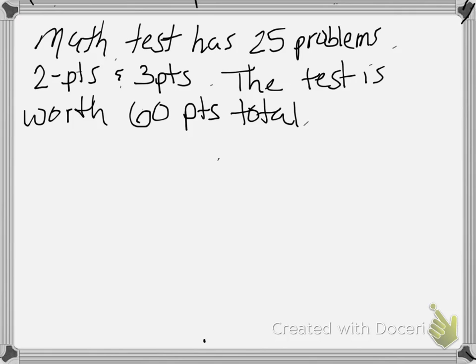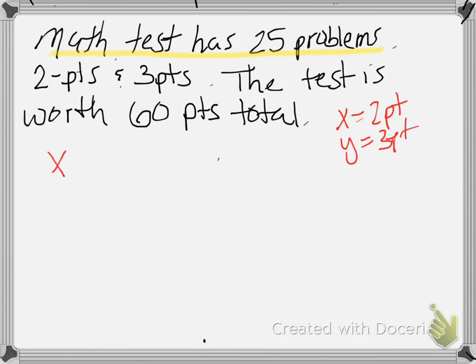Can you write two equations and then solve them through a system? Okay, so the first equation you want to get from the math test having 25 problems. Since there's 2-point problems and 3-point problems, we can say X is the 2-point problems and Y is the 3-point problems.